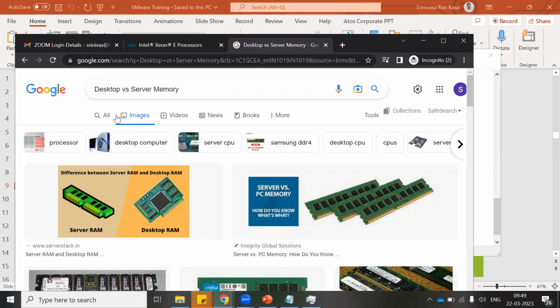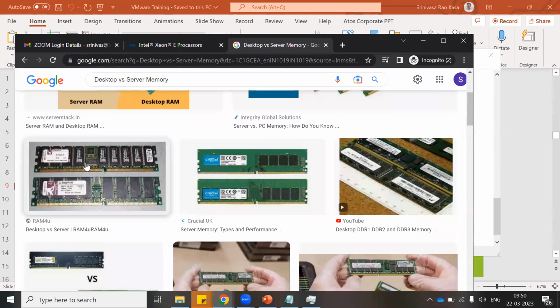In server memory, there are additional checks. Error correction check, one is ECC, we call it, that is an additional configuration. What we need to understand is how much memory each motherboard can support. There is a concept of how much memory is expandable.